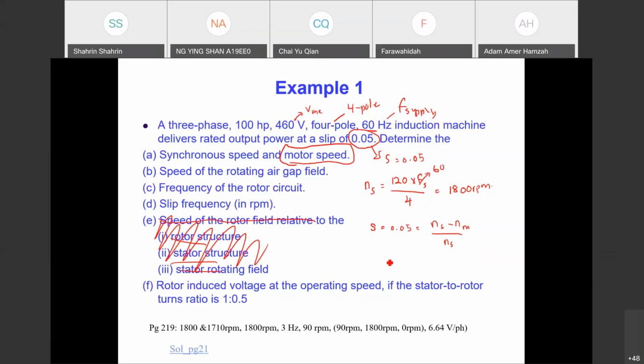Okay, so ns is 1800, minus nm over 1800, so 0.05. Okay, so from this equation, we will obtain that your motor speed is 1710 RPM, which has been given as an answer here.